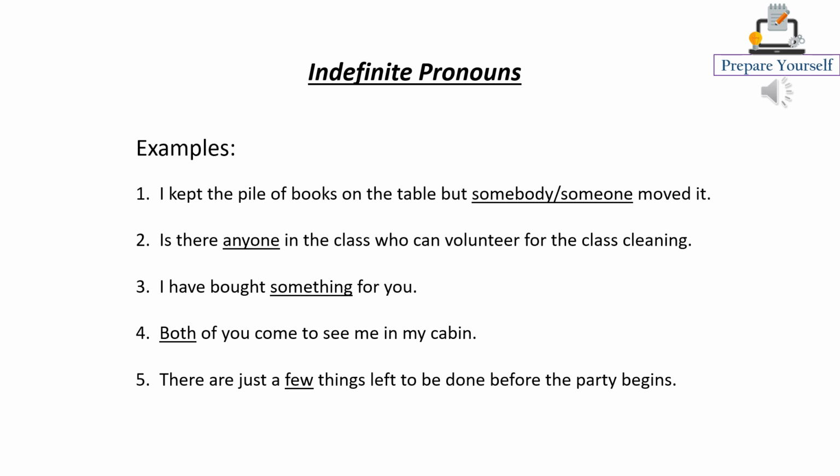Number 3. I have bought something for you. Here, the noun of the thing is not specified. Therefore, the speaker has said something. Number 4. Both of you come to see me in my cabin. Here, the speaker is talking about two people. Therefore, he has used both as a plural indefinite pronoun.